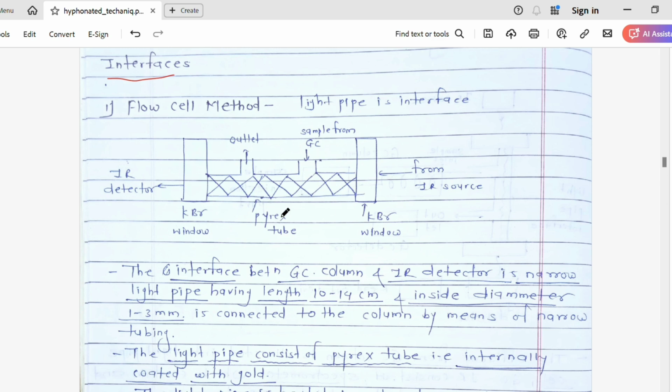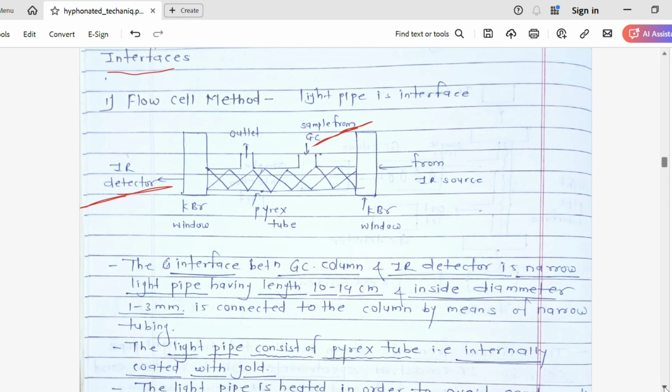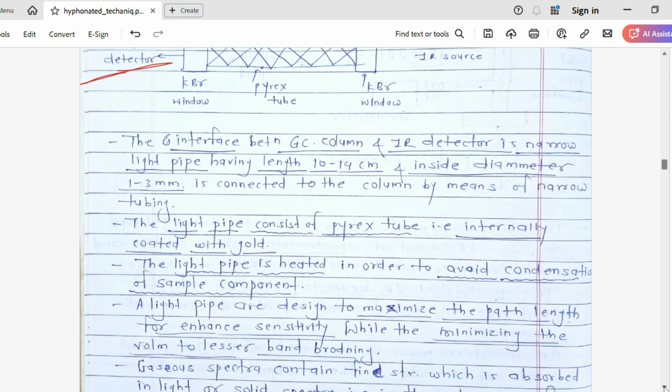The sample gas passes through the gas chromatography column inside the interface. The interface is made of a Pyrex tube, and this Pyrex tube carries the sample gas to the IR detector. This is the IR detector and this is the GC column through which the sample gas travels.